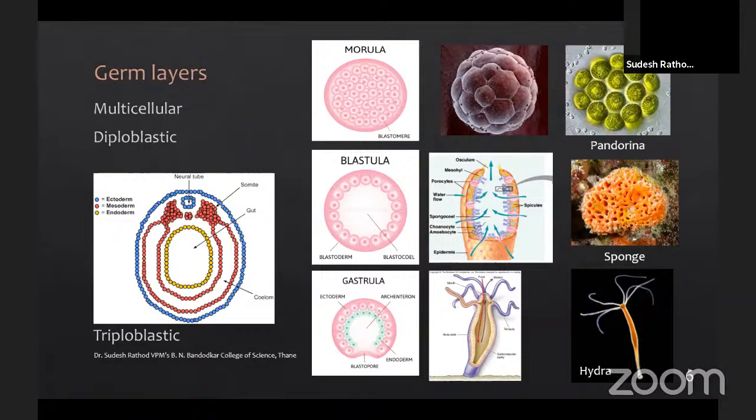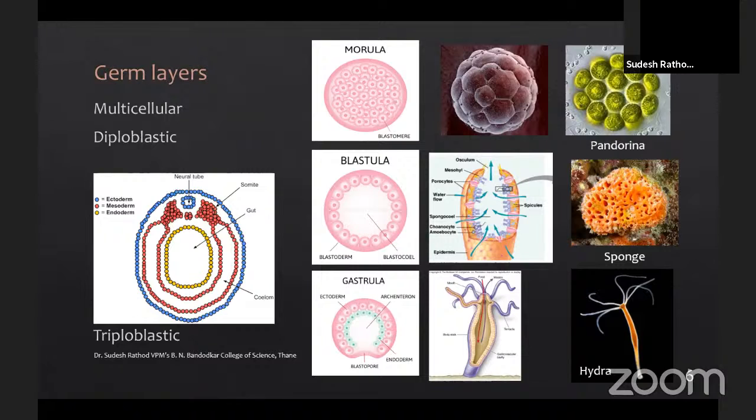We just remember that a third germ layer is added in Platyhelminthes, and that's why Platyhelminthes are known as triploblastic. What does it mean? These are in general referred to as three germ layered organisms. So higher animals now become triploblastic.